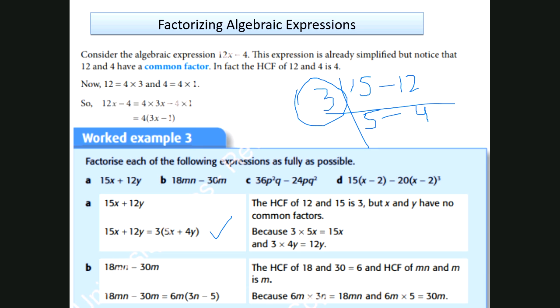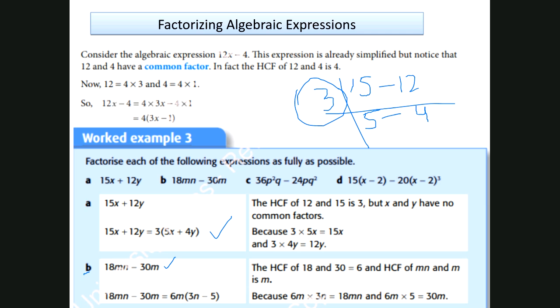Now see another question. B part, this is another example. 18mn minus 30m. First of all, find the HCF of 18 and 30. It should be 6. Why? Because 6 is the highest common factor. And for m, this is m and m, it means m is also common, because m is also a highest common factor.